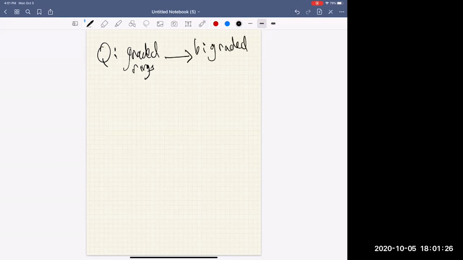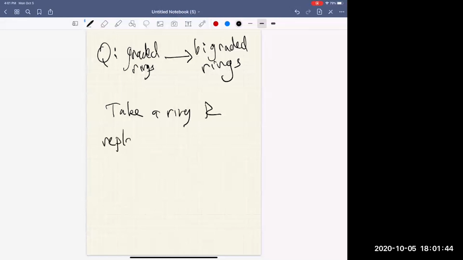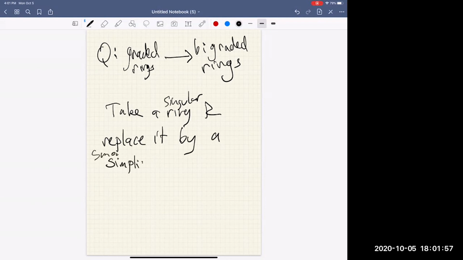So in the C star case, and even there's something you can do with GL_V too, but I won't have time to mention it. So then you can derive this functor. So take a ring, a singular ring, and replace it by a smooth simplicial ring, or smooth CDGA.